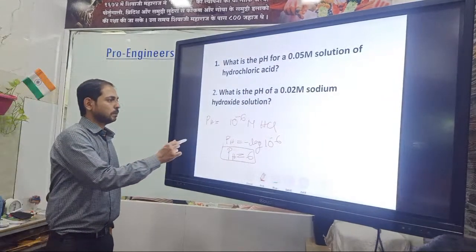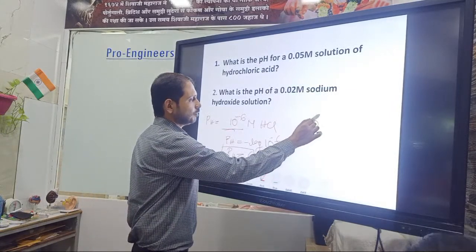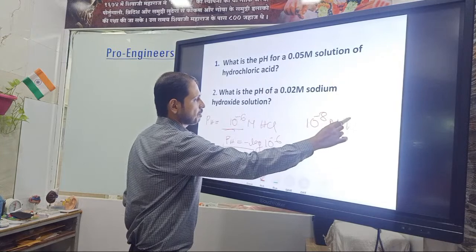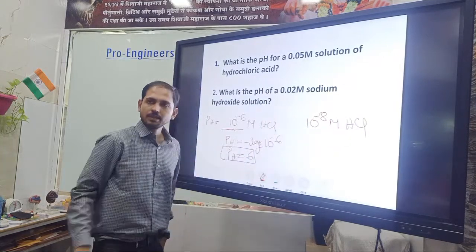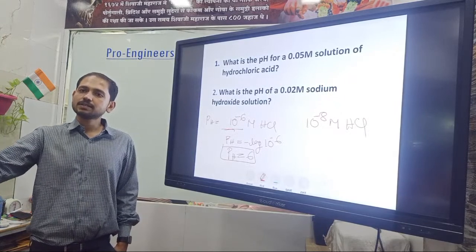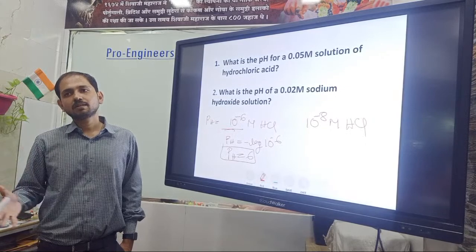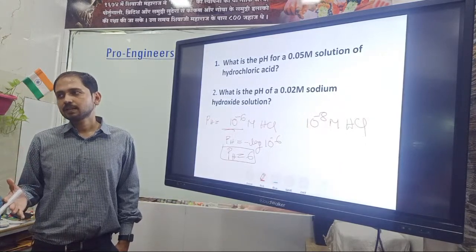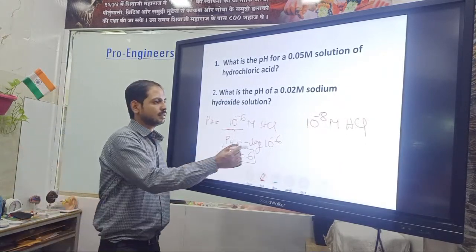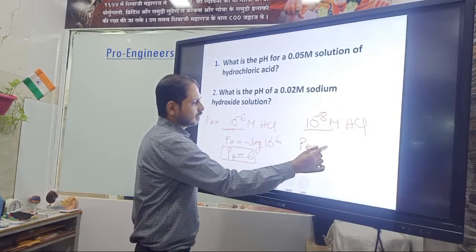So HCl is given, pH is equal to 6, right? Now if we keep on diluting this acid, we can prepare 10 to the power minus 8 molar HCl solution. It is also possible. If we keep on diluting, adding water, acid concentration will decrease. Now if we calculate the pH, what will happen?